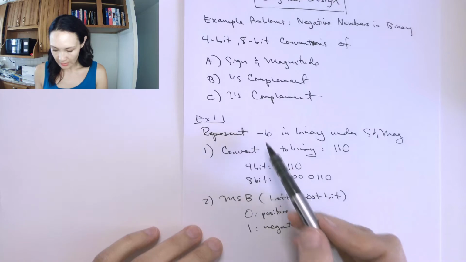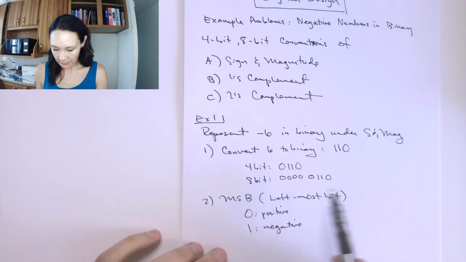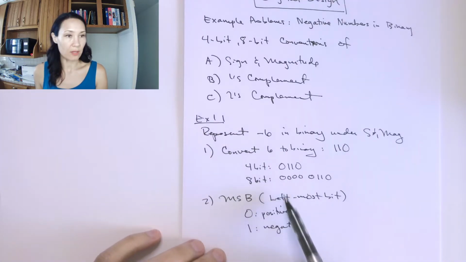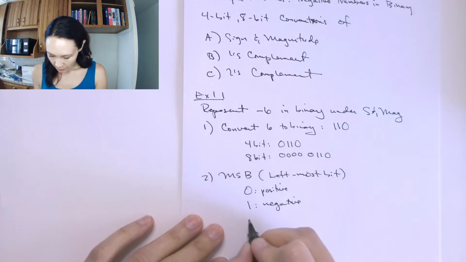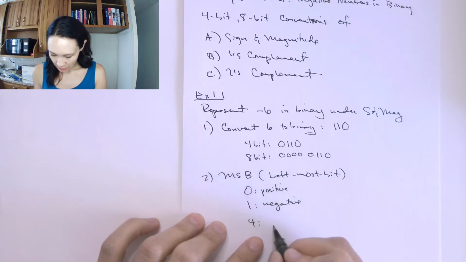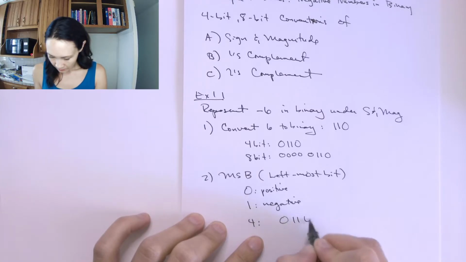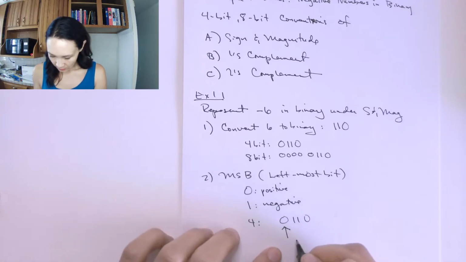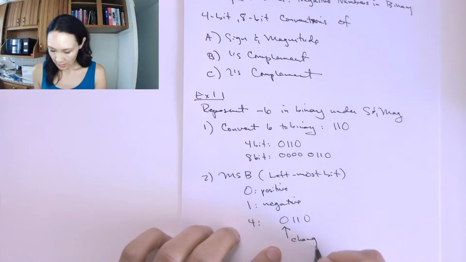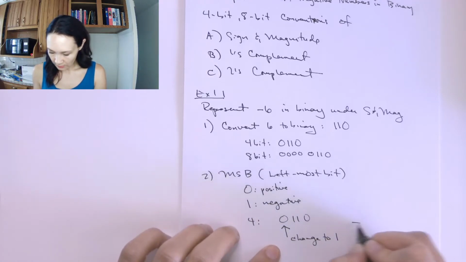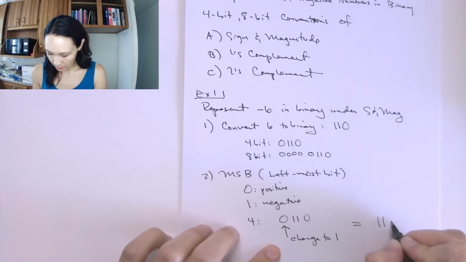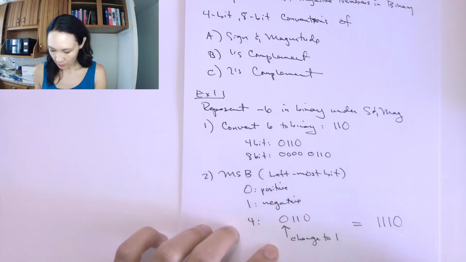Now in order to designate that this is a -6, we're just going to change this most significant bit to a 1. So in our 4-bit representation, the most significant bit is this one, so we're going to change it to a 1. So that's going to be 1, 1, 1, 0.